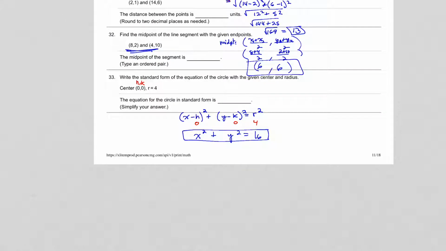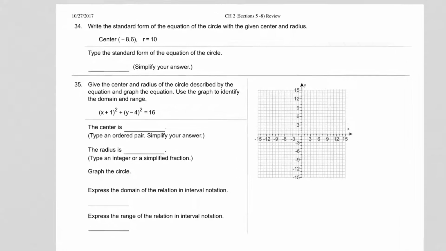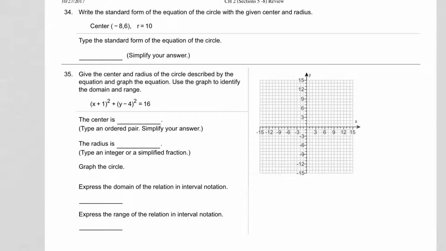So let's take a look at our last couple questions here. This time we have very similar things, but we have h and k. Okay, so don't forget about the negatives in the equation. So it's very helpful if you write the equation.